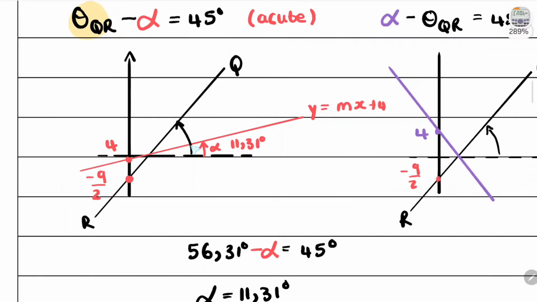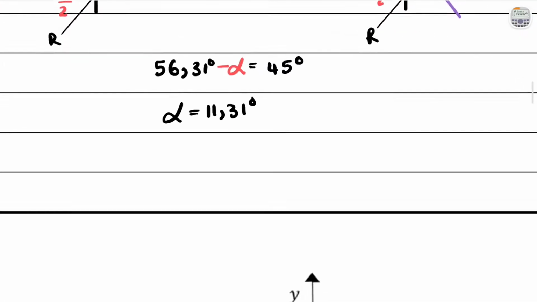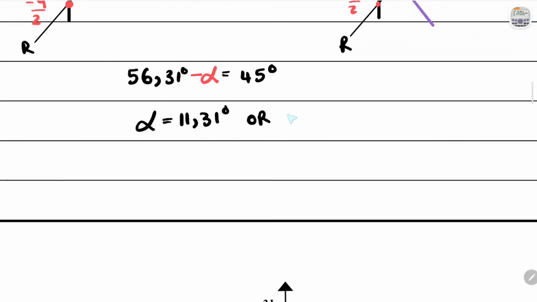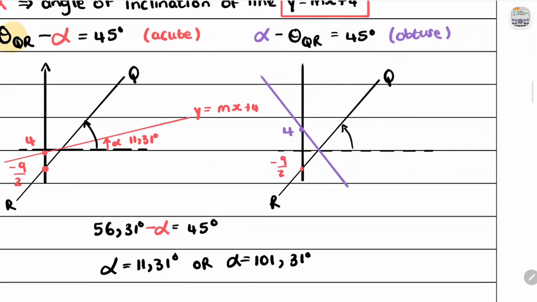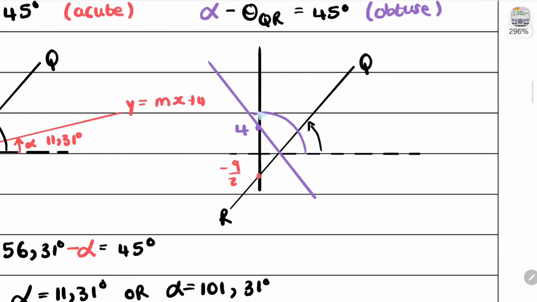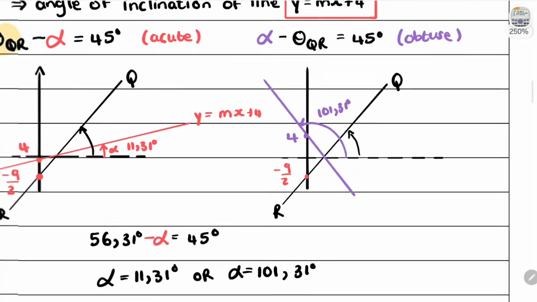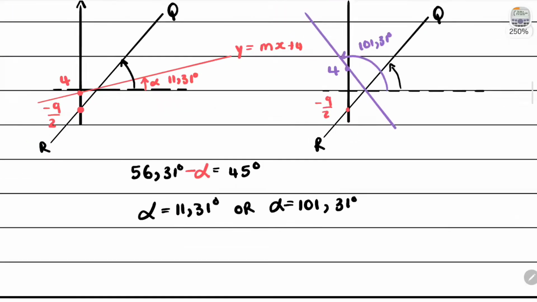So from here, we would simply add 90 degrees, which will be 101.31 degrees. Okay, so these are the two possibilities of alpha. 101.31 degrees minus that 56.31 would give us that difference of 45 degrees.